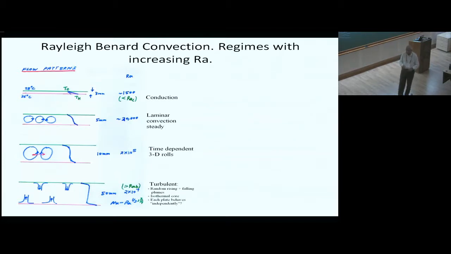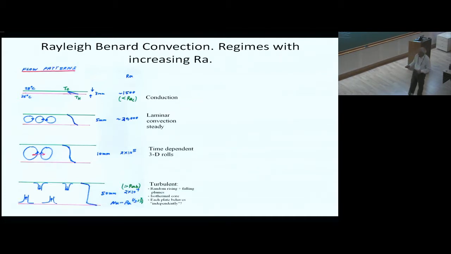What happens as you increase Rayleigh number in Rayleigh Bernard convection, for example, when you keep the temperature difference the same and you keep increasing the height? If the distance between the plates is 3 mm, then the Rayleigh number is about 1500 and you get pure conduction. When you increase it to 5 mm, it becomes laminar convection where you get steady rolls.